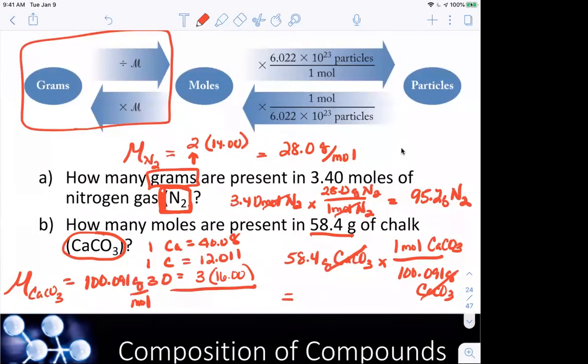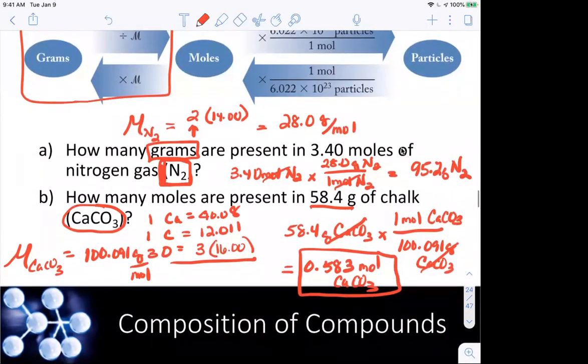I want to go to 3 sig figs. So I do 58.4 divided by 100.091. And that's going to give me 0.583 moles of calcium carbonate as my final answer.